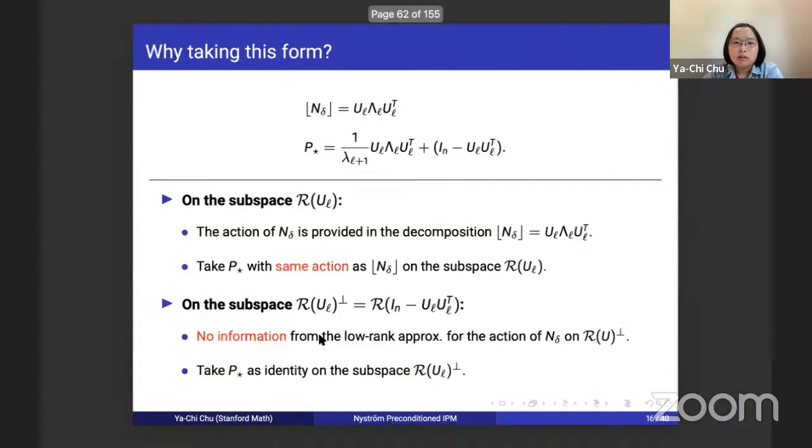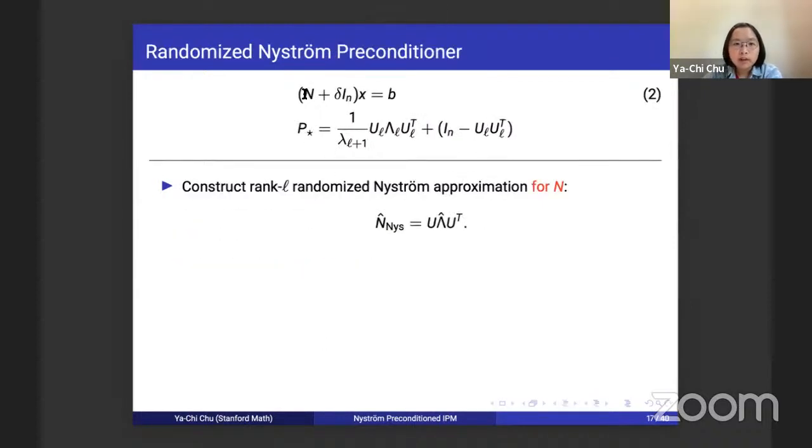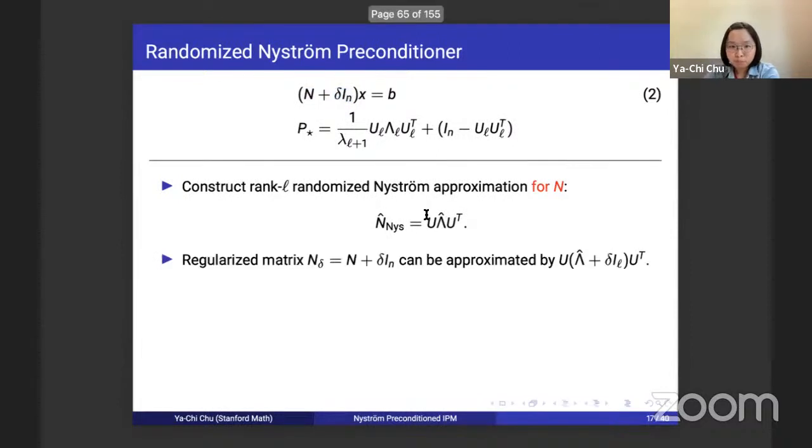Instead of finding the low-rank approximation for the whole matrix N plus delta, it's better to find the low-rank approximation for N, because we want to exploit this structure, and this plus representation is very good. So we only consider the low-rank approximation for N, which we write as U lambda U transpose.